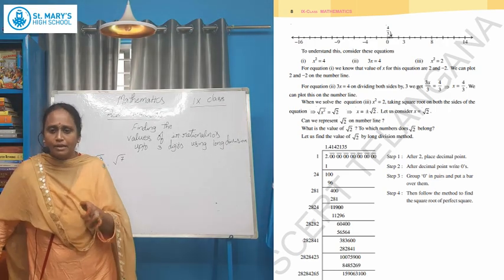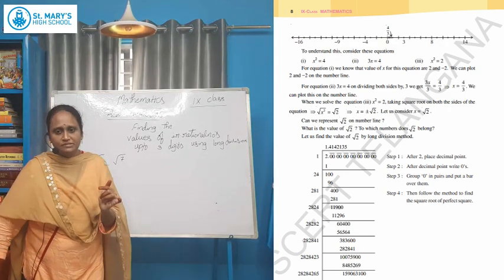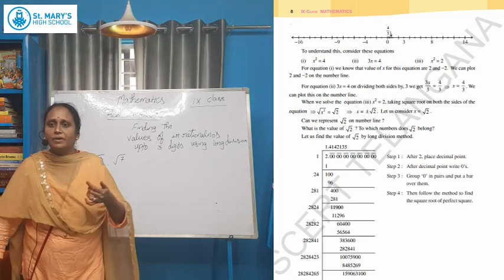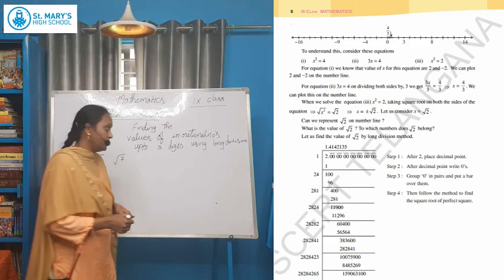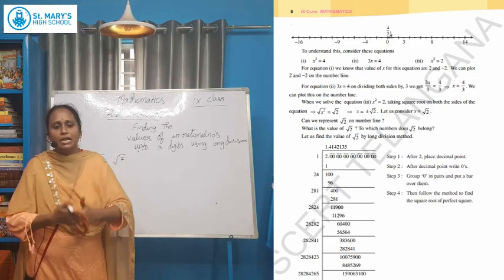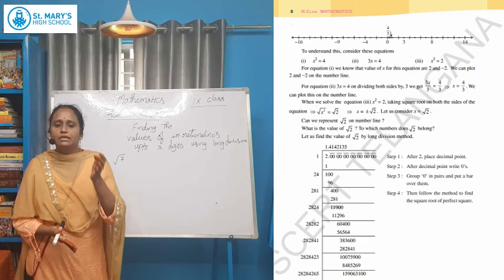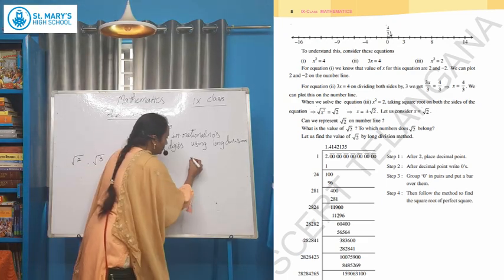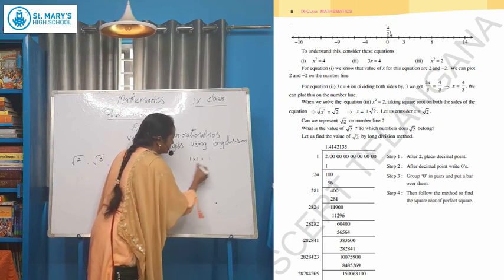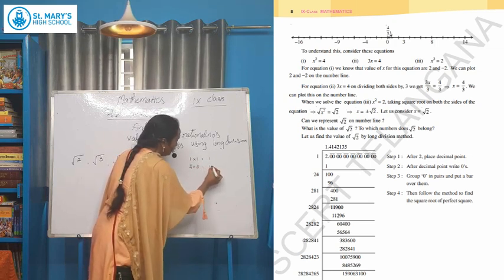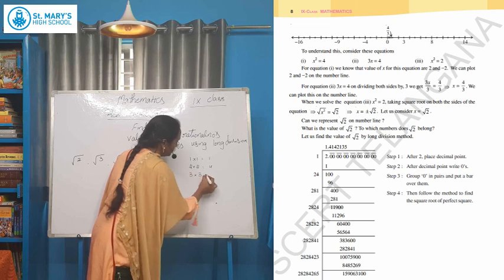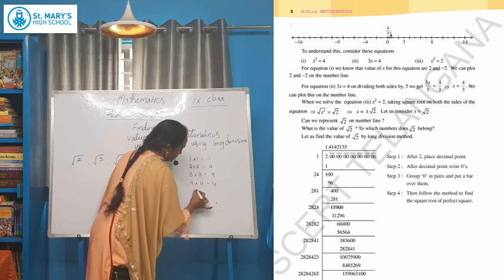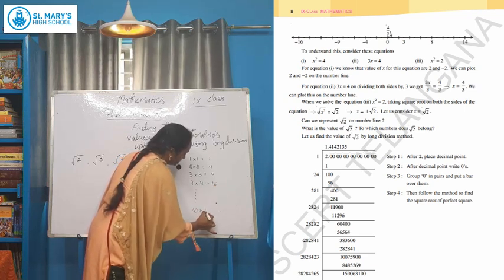In 8th class we discussed perfect square numbers. Is that so? Yes. What are the perfect square numbers? When the same number is multiplied by itself, we get the product, and that is called a perfect square number. So 1 times 1 is 1, 2 times 2 is 4, 3 times 3 is 9, 4 times 4 is 16 and so on, 10 times 10 is 100.